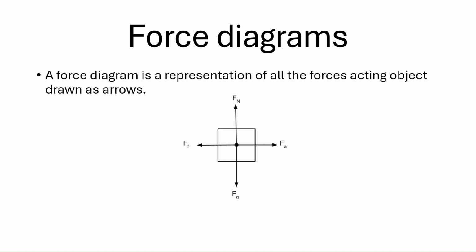And it says that a force diagram is a representation of all the forces acting on an object drawn as arrows. So you guys can see over here we have an object. And on this object, which is the block in this case, we have various arrows that depict the forces that occur on the diagram. So how is this different from a free body diagram? Let's go down and find out.